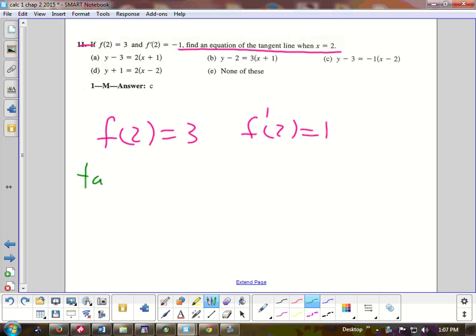In order to make a line, you need slope and a point. And because we're dealing with the derivative at a point, we can get the tangent line at that point.